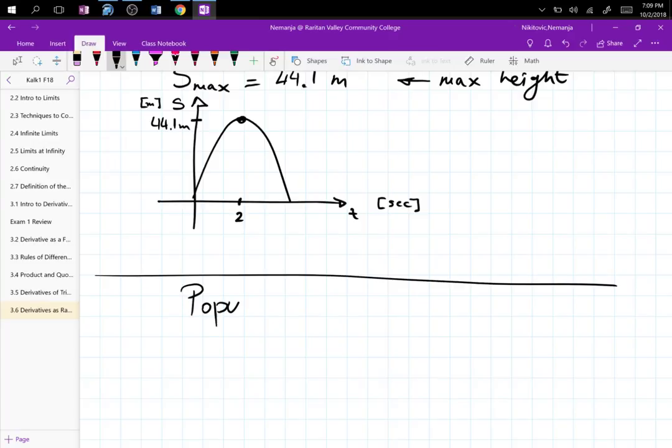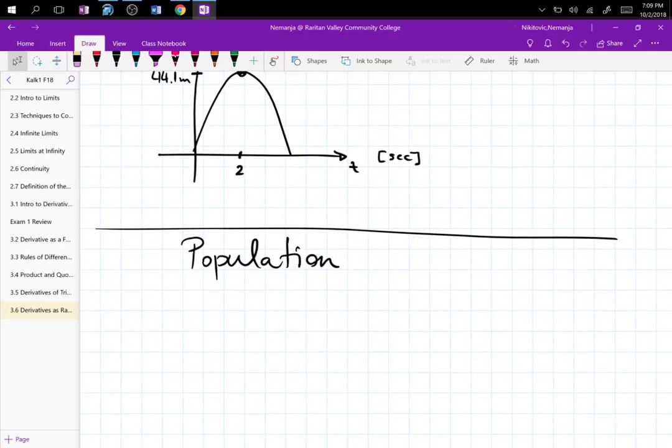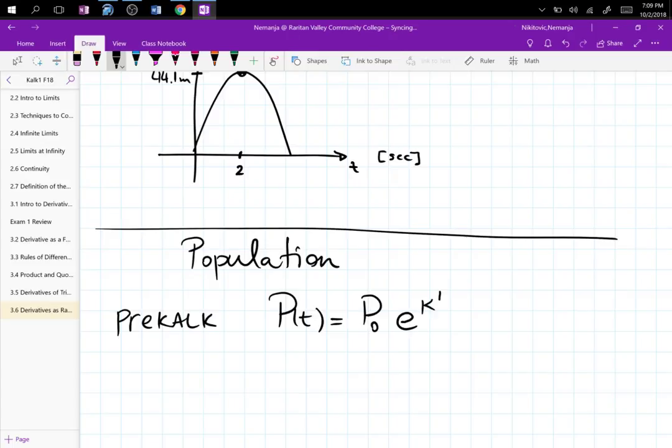So population. We know from our pre-calc that population model is given by population in time is equal to initial population P0 times e to the kt, where this k is the growth constant of population. So this is the formula from pre-calculus.